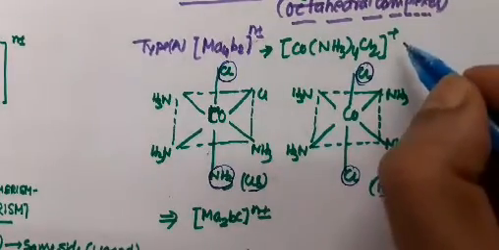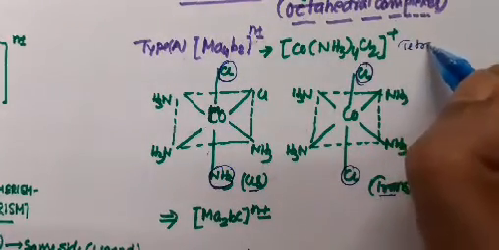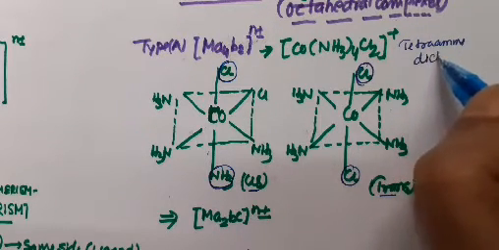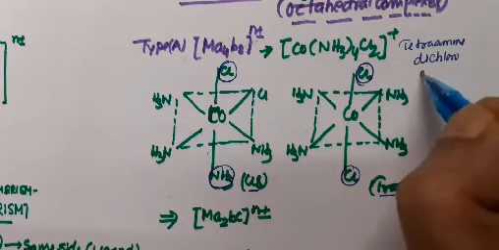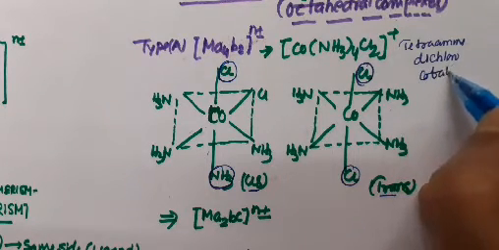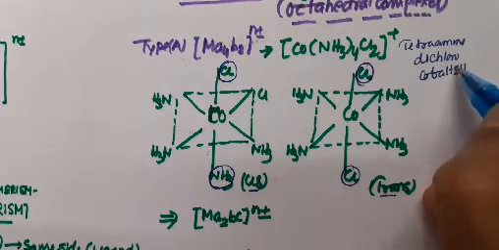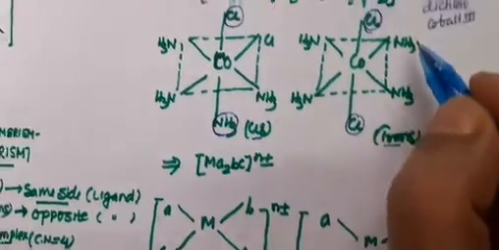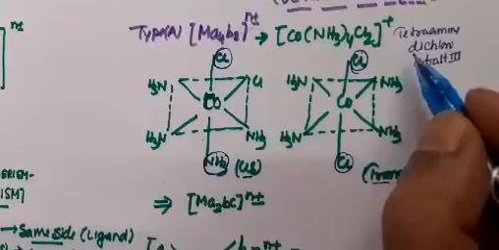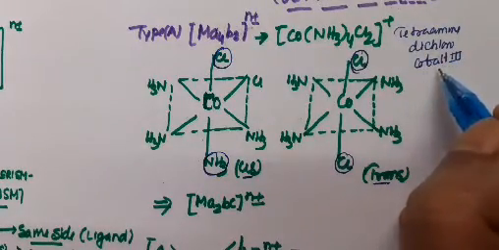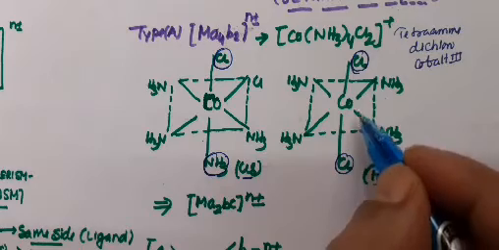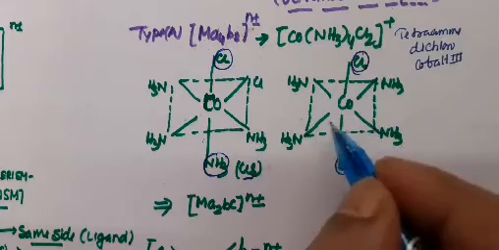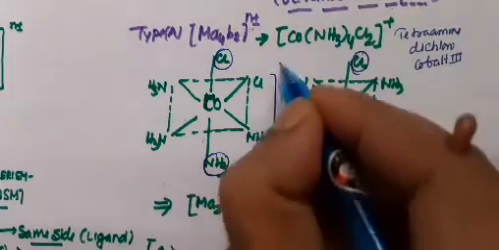Its name is tetraamminedichlorocobalt(III). So when we write the name of the cis isomeric form, we say cis-tetraamminedichlorocobalt(III), and for the trans form we write trans-tetraamminedichlorocobalt(III), and put the charge over here.